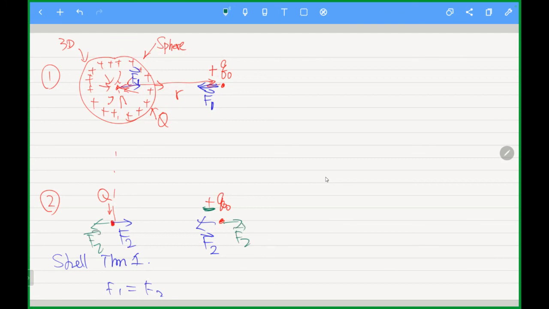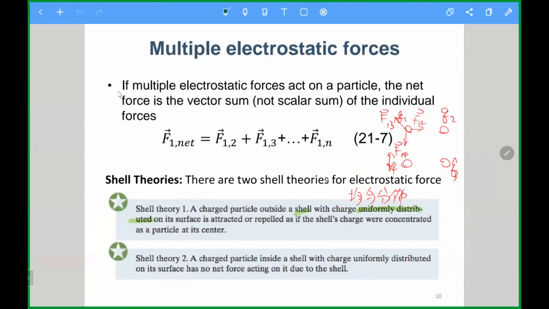If it is negative, they will repel each other. F1, like this. But shell theorem 1 tells you that these two forces will be the same. So it tells you that a charged particle outside a shell with the charge uniformly distributed on the surface is attracted or repelled as if the shell charge were concentrated as a particle at its center.